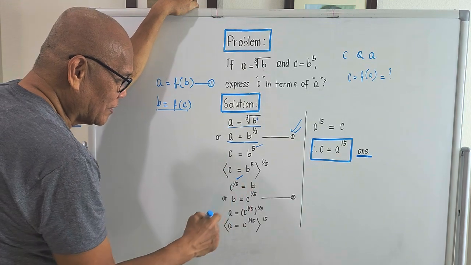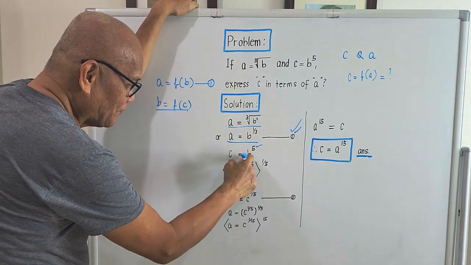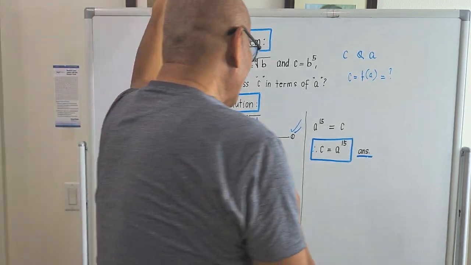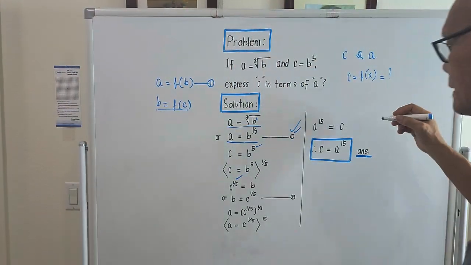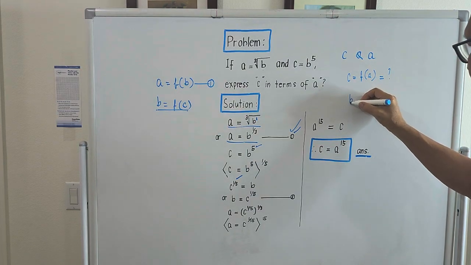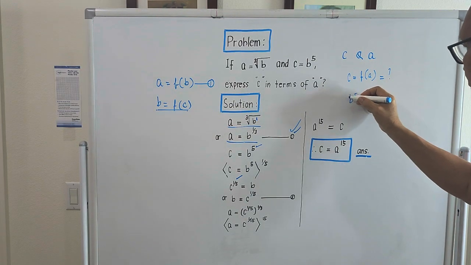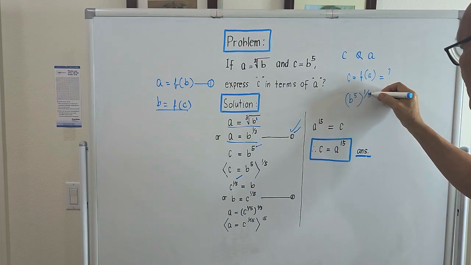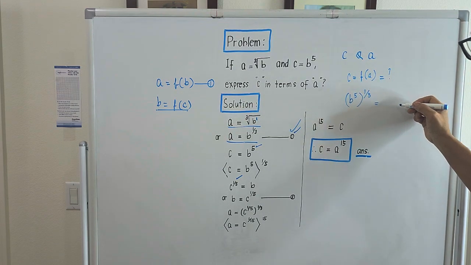For the right-hand side, b to the 5th power raised to the 1/5, we use the laws of exponents.